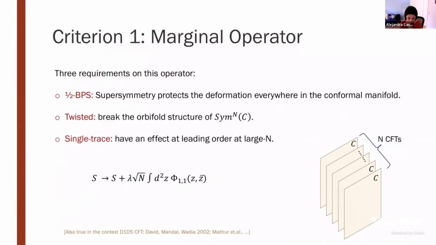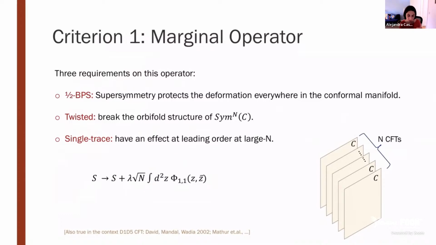I'll show you in examples that they are part of the moduli space, but in order to deform the theories, you want this to be a single trace operator so that it has the biggest effect on all of the operators that you have. If you have a multi-trace deformation, then it will not have the imprint of lifting or giving anomalous dimensions to everything that it could in principle. Okay, so these are the three conditions.